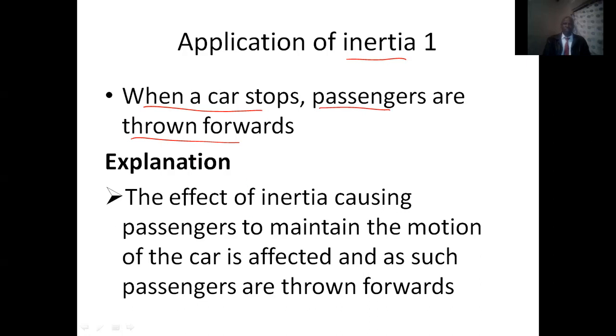The main reason is the effect of inertia, because the passengers in a car tend to maintain the motion of the car. If the car abruptly stops, they remain in that state of motion while the car has stopped. Therefore the passengers will tend to be thrown forward.